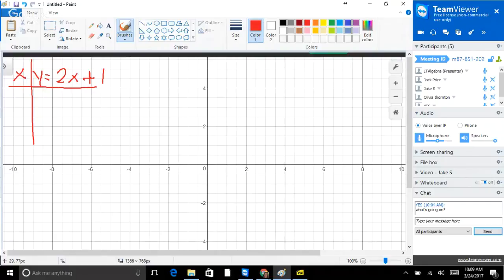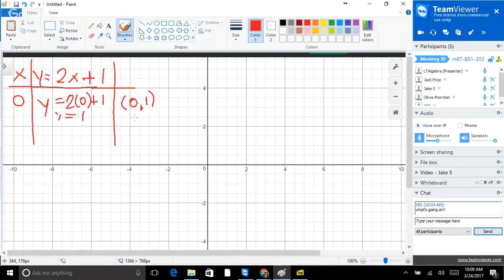And I can say, when x equals 0, y equals 2 times 0 plus 1, or y equals 1. So when x equals 0, y equals 1.